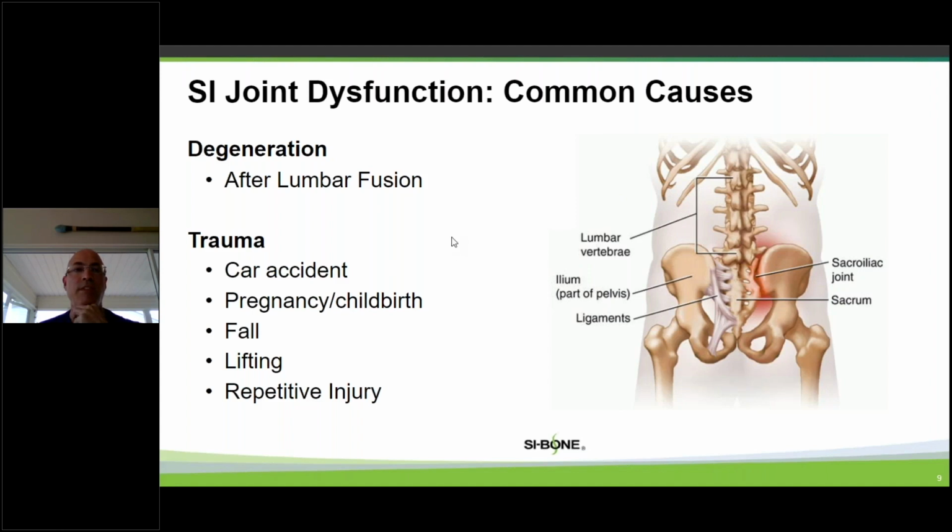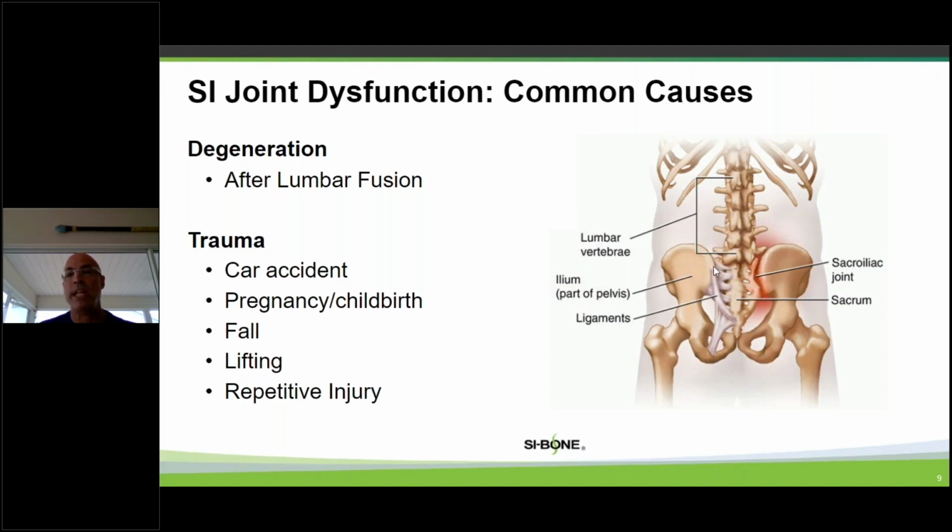Common causes of SI joint dysfunction. If you get arthritis, that'll stiffen this part of your low back. Here's the low back looking from behind. Here's the hip joint. If this becomes stiff, either from arthritis or from surgery, it'll put more strain on the sacroiliac joint. That's what's highlighted here in red.